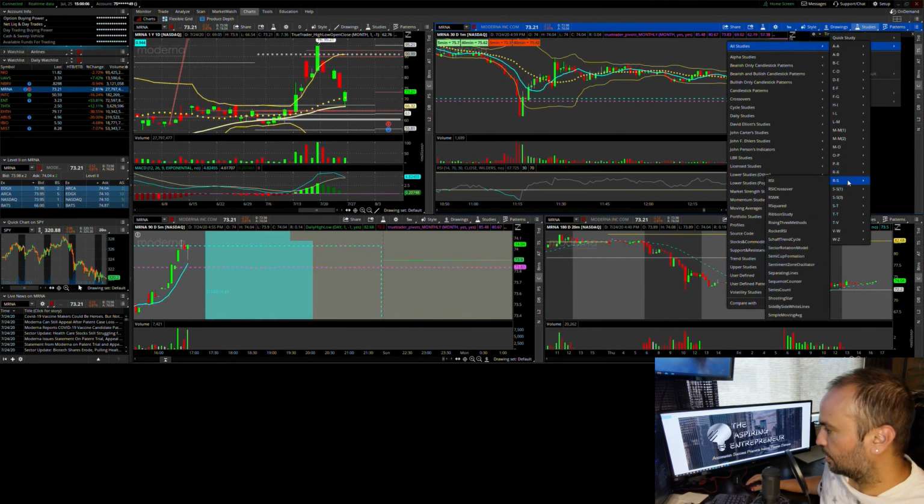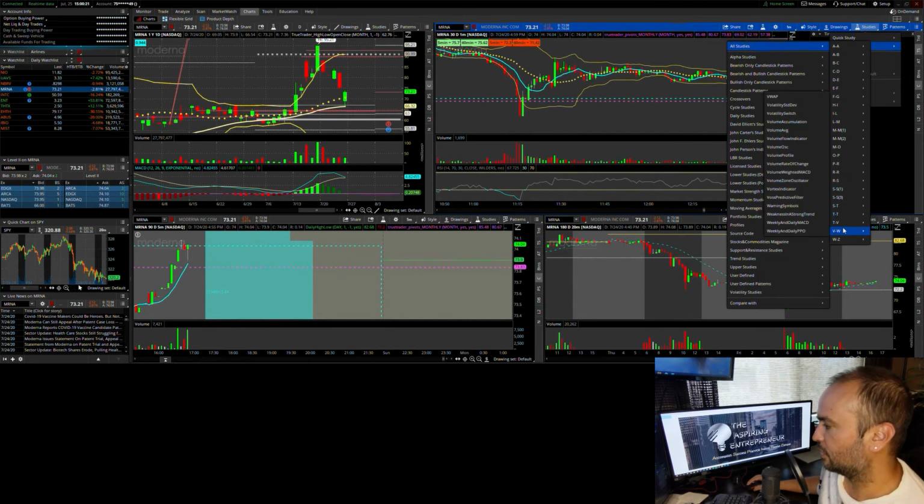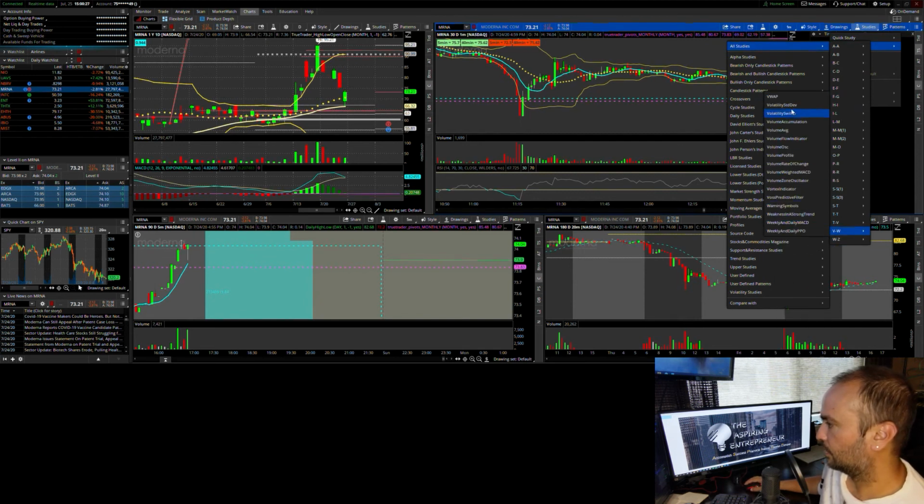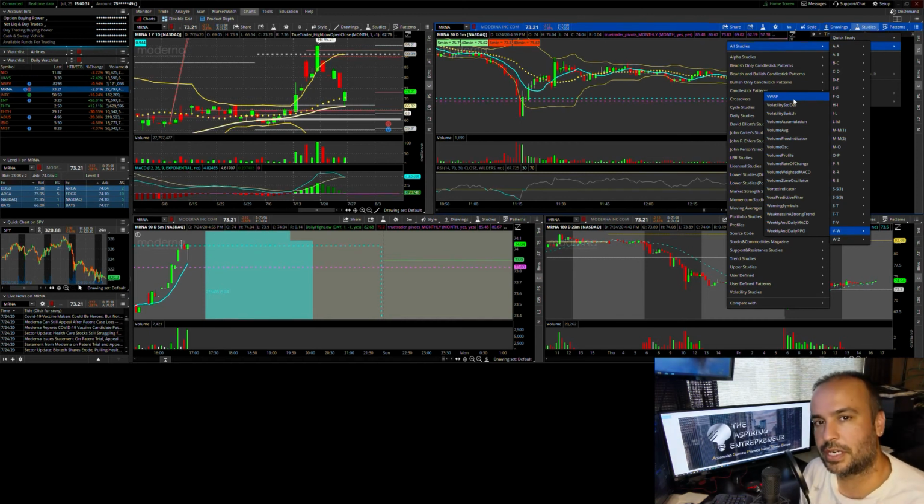RSI, there it is. So RSI is right here, and simply you can add it, and I use the default for that. You can change the appearance if you don't like the colors, but more or less they're here. And then the same thing with the VWAP. The VWAP is right there as well. Okay, so those are the two studies that I'd recommend using if you are day trading.